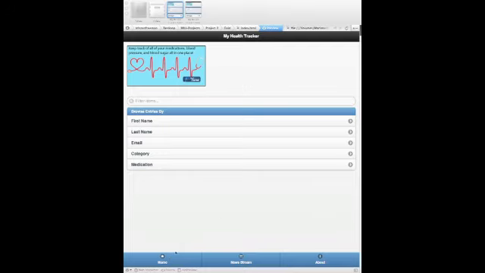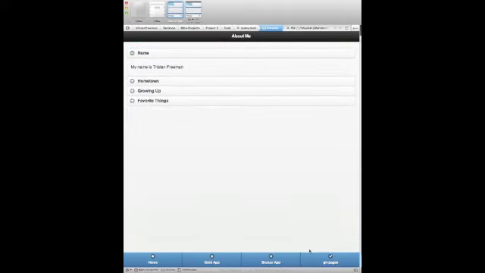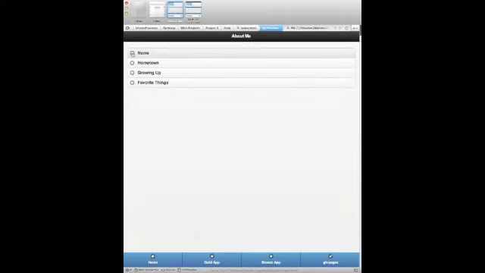And then I went with the blue theme because mine's a medical application, so blues and reds are typically the colors associated with that. And then for my about page, I used the accordion lists with just some information about me.